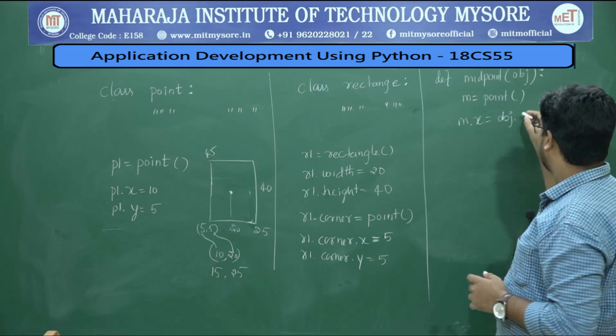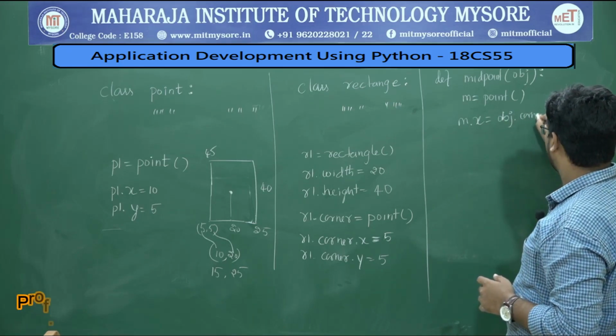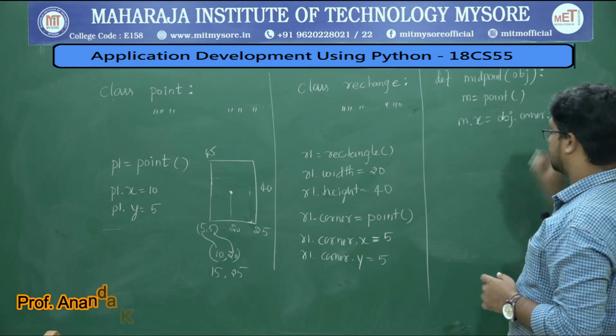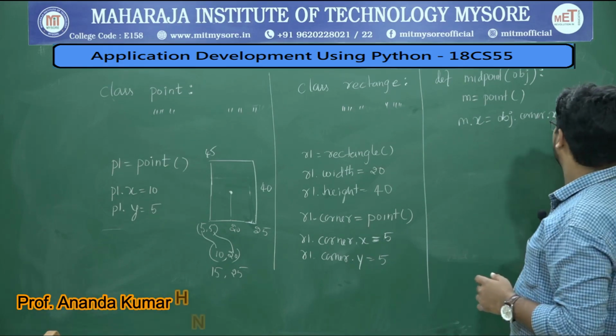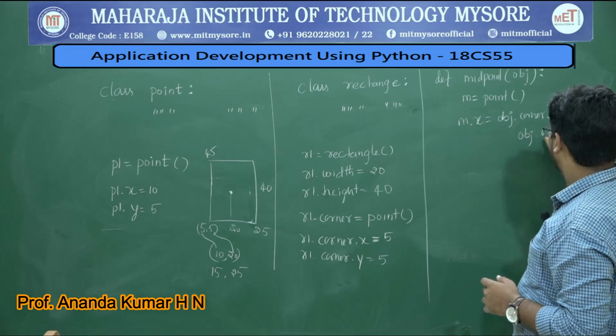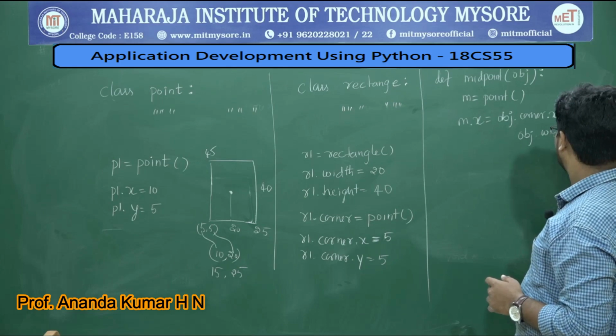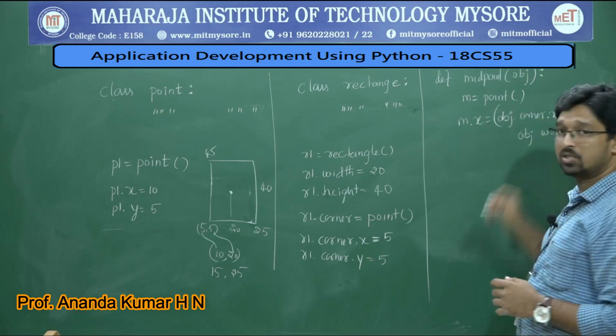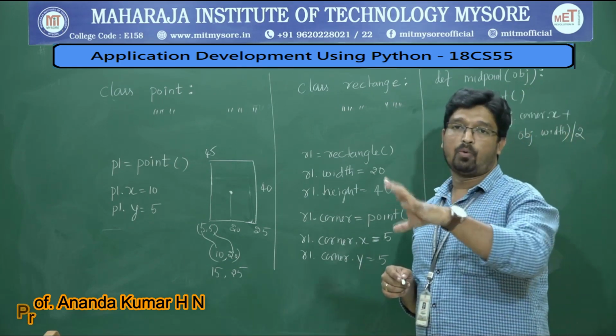So let us write obj dot corner dot x plus obj dot width divided by 2. So this is the x midpoint.